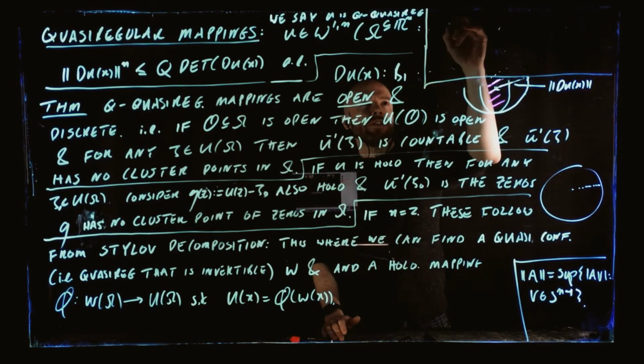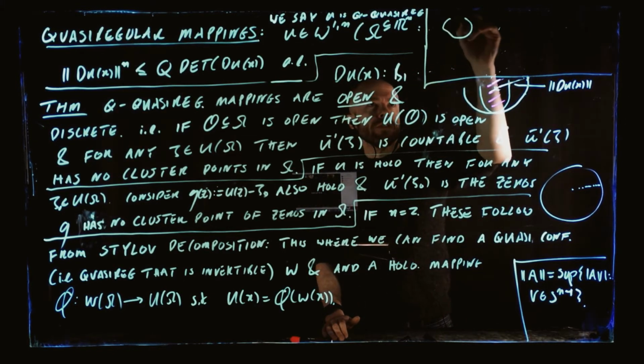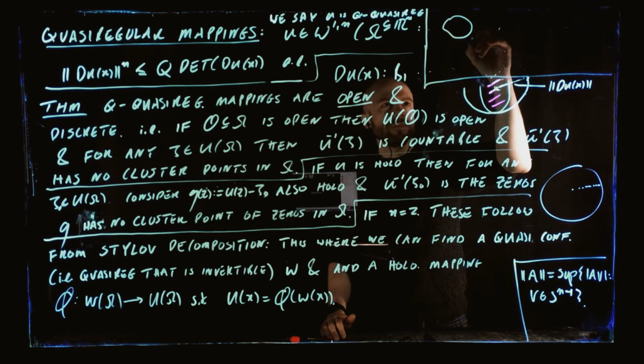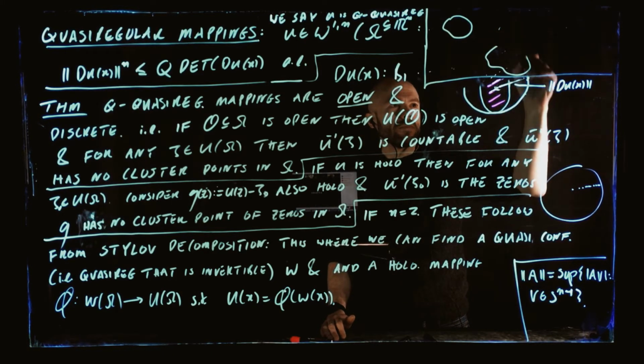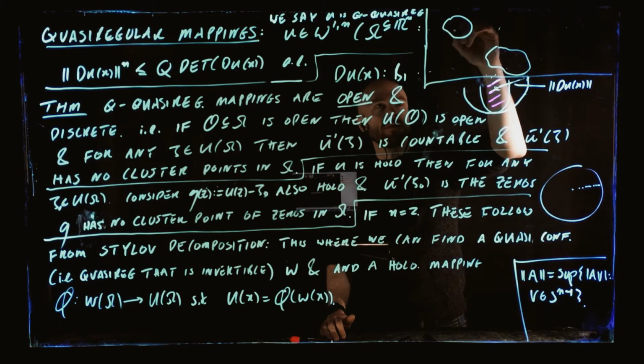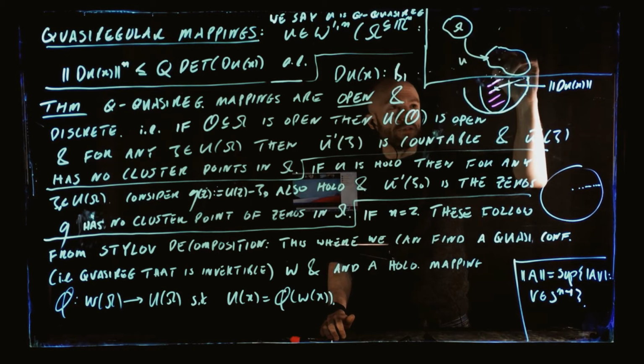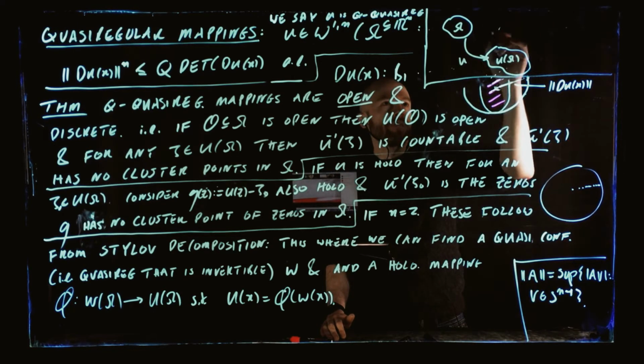We have our mapping which takes our region, say omega, into the image of omega under U. So this is omega, this is the mapping U, and obviously this is U of omega. This is our quasi-regular mapping, right?